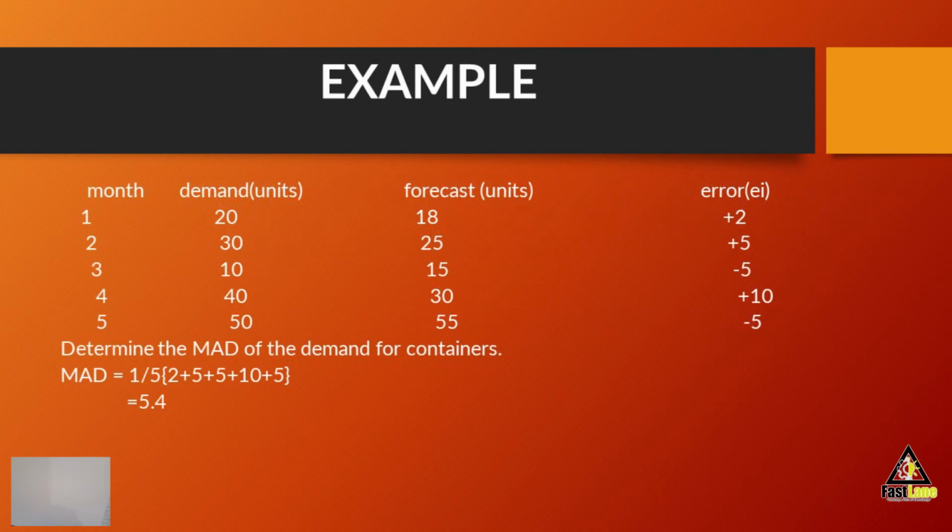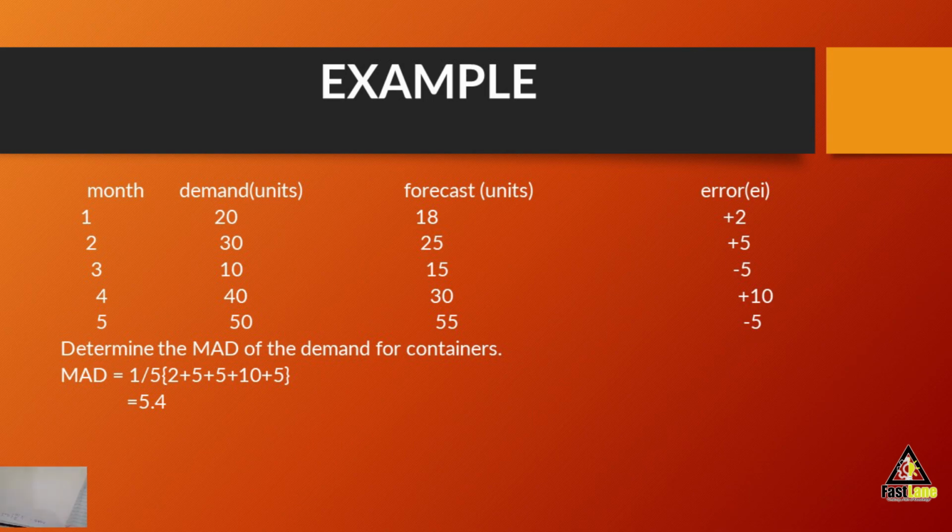So for mean absolute deviation, we have our formula. Mean absolute deviation is given by 1 over n, summation from i equal to 1 up to n, magnitude of error i.